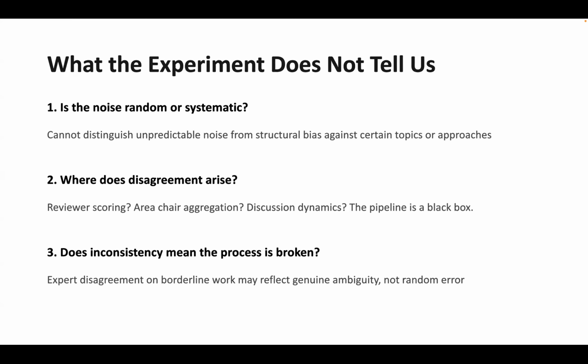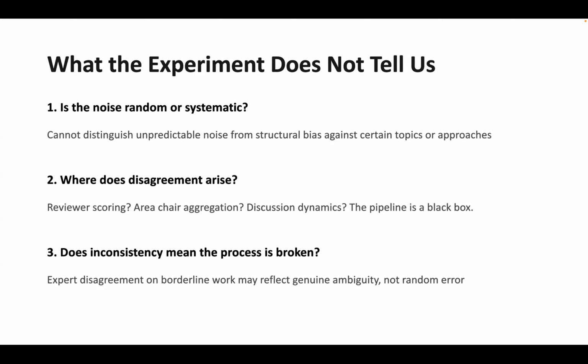So here are a few questions that I had. Is the noise that we are getting in this experiment random or systematic? And what exactly is the cause for the disagreement? Even though they have shown us a few, in the blog they talk about two different models, but there also they just say it's going to be a coin flip and do not actually give us a reason why it should be truly random.